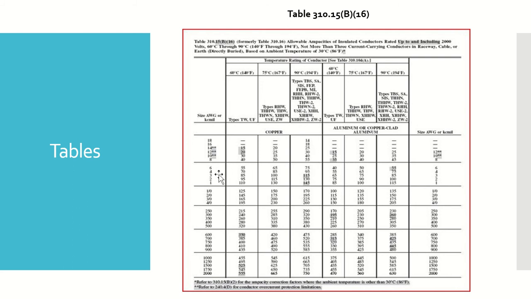And I said number 6. So the allowable ampacity, if this was installed in a conduit with no more than 3 current carrying conductors and an ambient temperature of 86 degrees, that cable would be good for 75 amps.